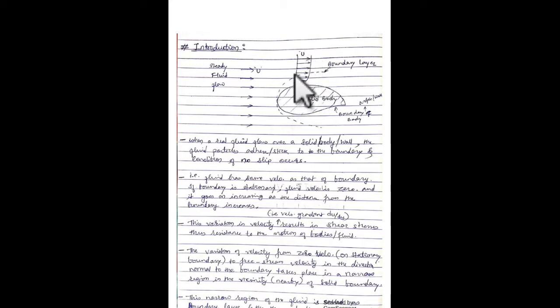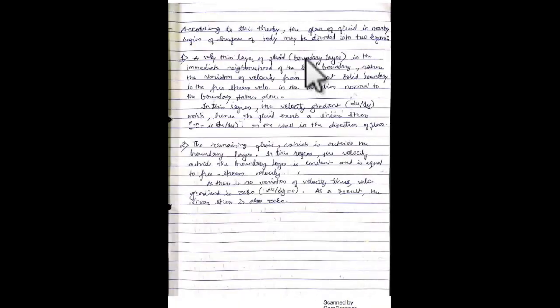On the downstream side a lesser amount of force is there, while on the upstream side more force is exerted by the fluid flow. So this is regarding the external flows acting on the solid body.